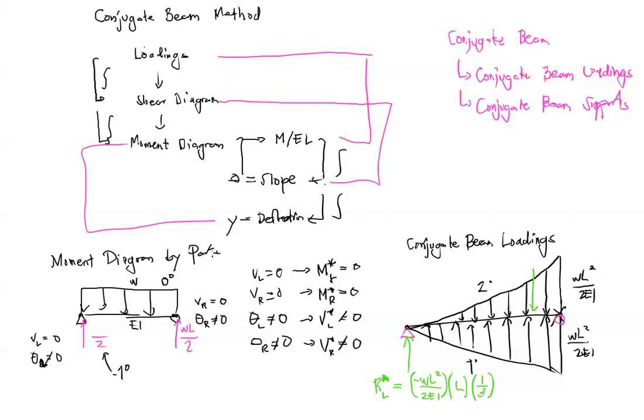So 3/4, ito 3/4 L. Tapos meron akong 1/4 L dito. So knowing yung influence line ko and influence functions, alam ko na kailangan ko lang i-multiply ng 1/4 ito.